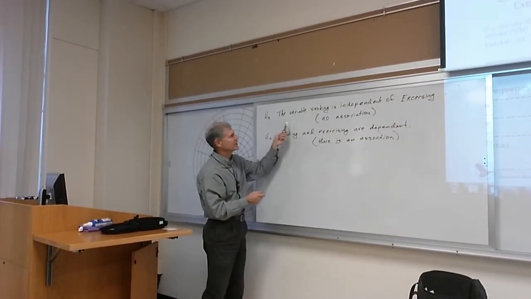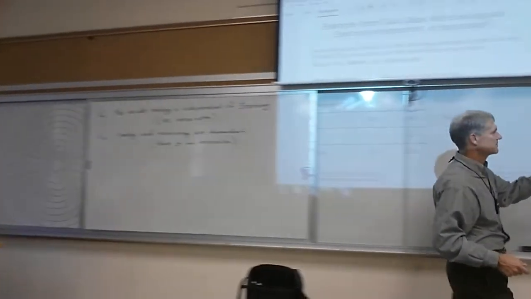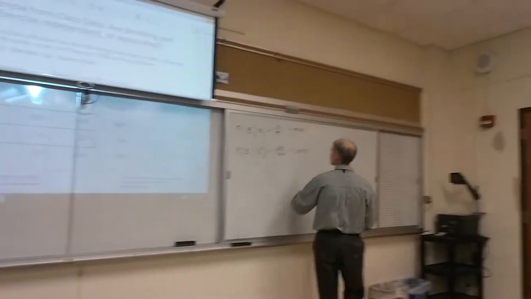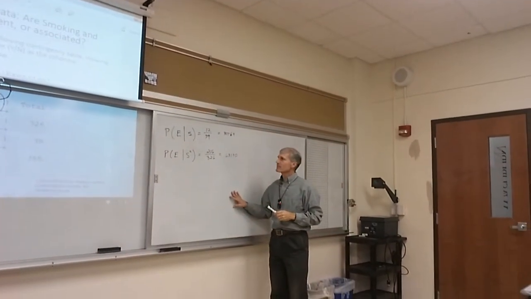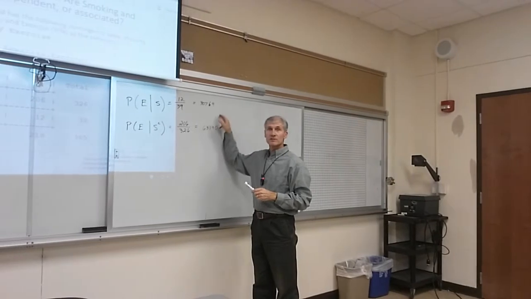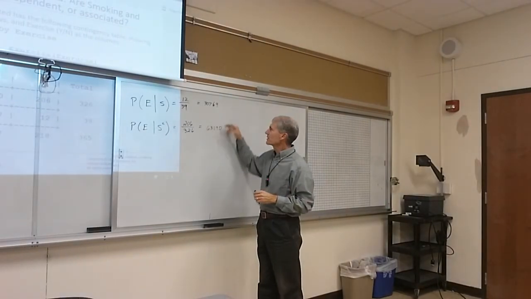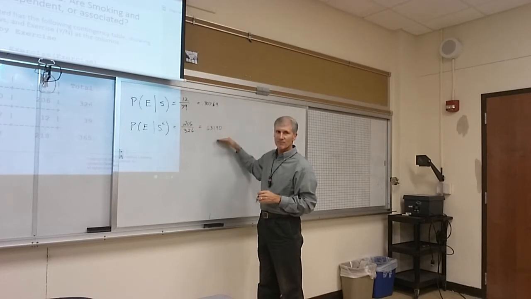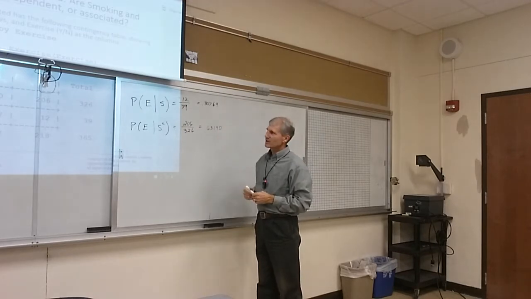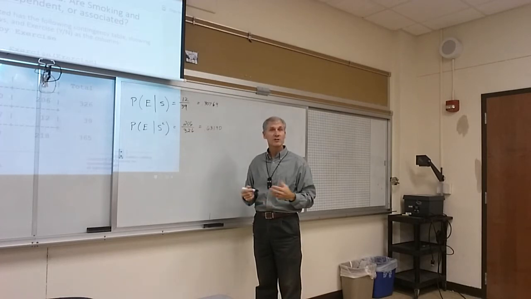So now, which of these hypotheses do these values support? There is an association. Because if there was not an association, we would expect these to be the same. The same as what? Well, the same as each other.